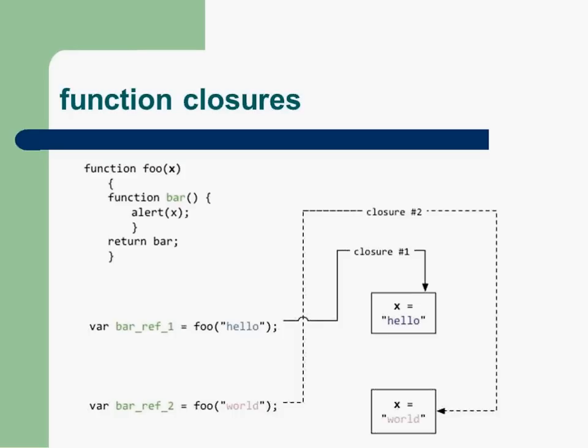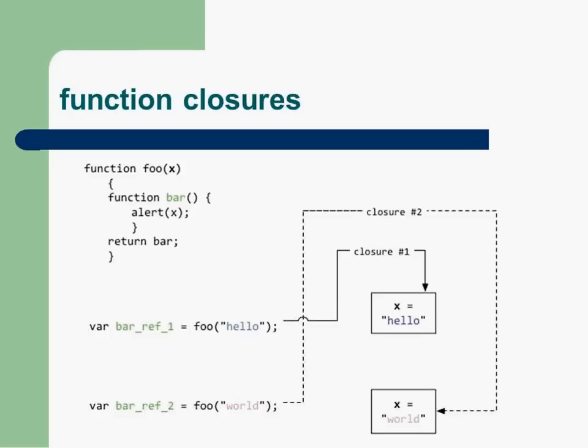See this code also. Inside the function foo, we are defining a function bar, and in bar we are using the property x. The point to remember here is that we are not passing x. As discussed, x is available by default because x was there when we defined bar.